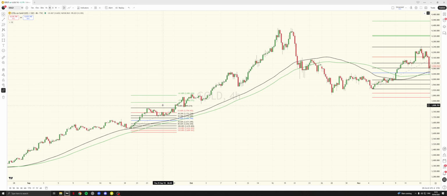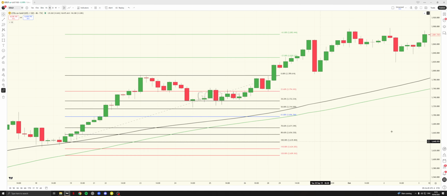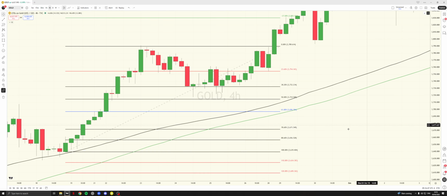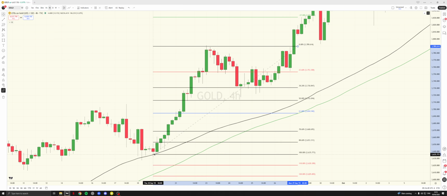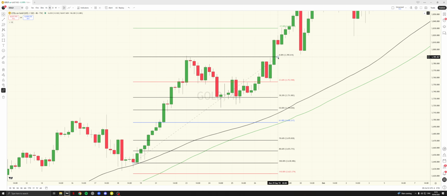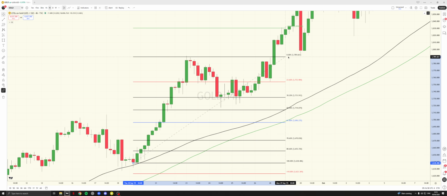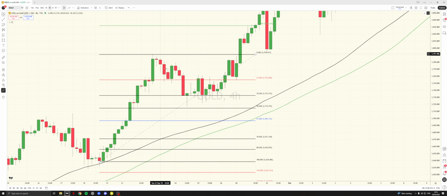This is a perfect 38.2% example right here on the 4-hour time frame. So we have our point A, which is at this bottom wick. Point B at this top bullish wick right here. And just drag it across. The retracement came down to a 38.2% level.